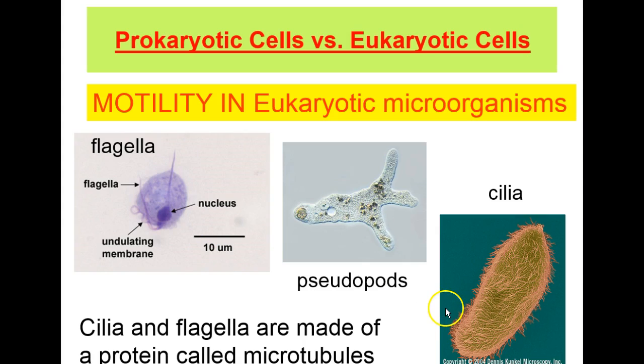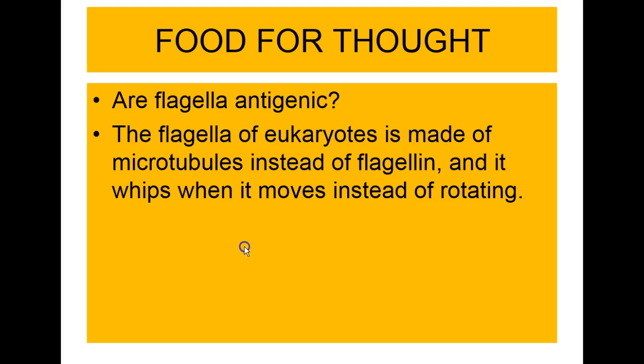Cilia and flagella are structures made of a protein called microtubules. The flagella of eukaryotes is made of microtubules instead of flagellin, and it whips when it moves instead of rotating.